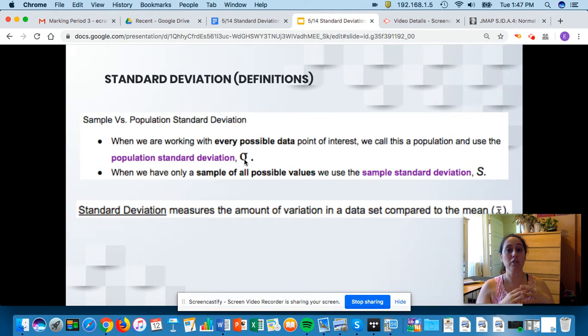So if I were to do coronavirus testing, and I were to test every single person in the United States, that would be the full population of the United States, right? And then I could see what the deviation is. Now that's a ton more accurate. You get a lot more accuracy when you do the entire population.